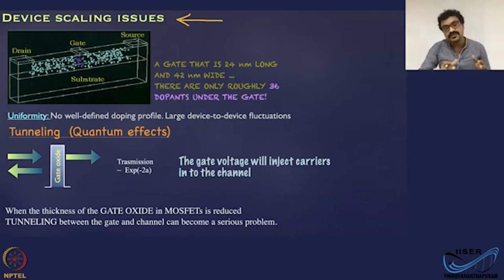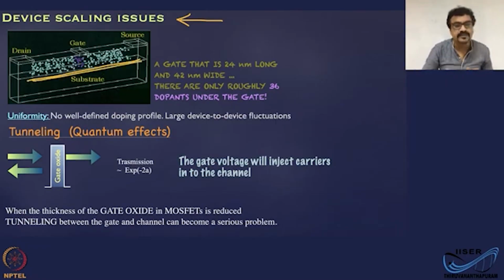Remember, as you increase the number of transistors or reduce the size of these transistors, you are reducing the size of the active region. And remember, you have dopants in the system which are randomly distributed. Though they are uniform, they are also random. Okay, this is similar to what is shown in this illustration here.